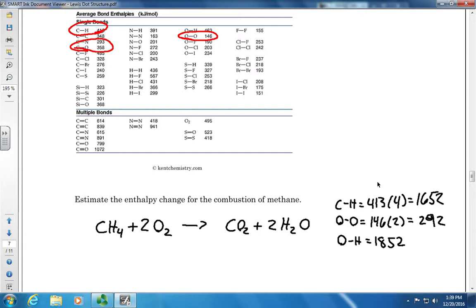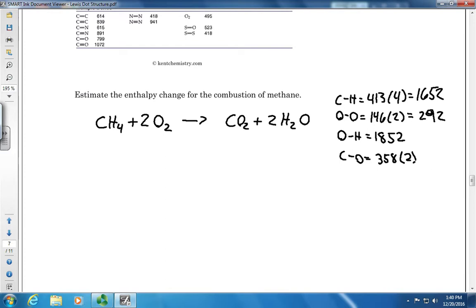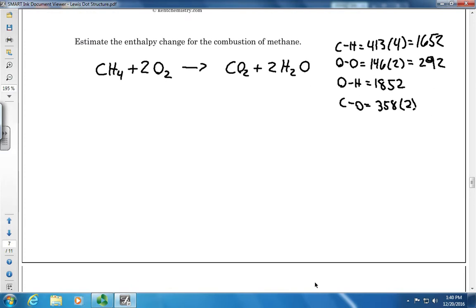So carbon-oxygen is equal to 358. And there's 2 of them because you have CO2. Okay, so that brings us a total of 716 kilojoules per mole.